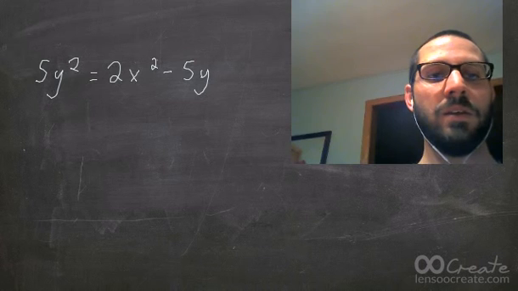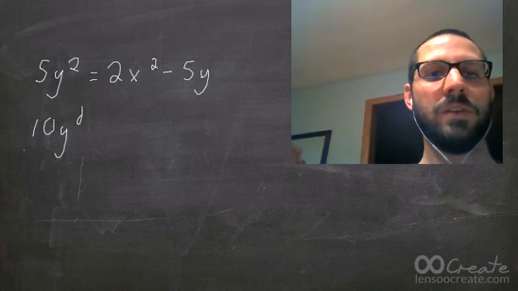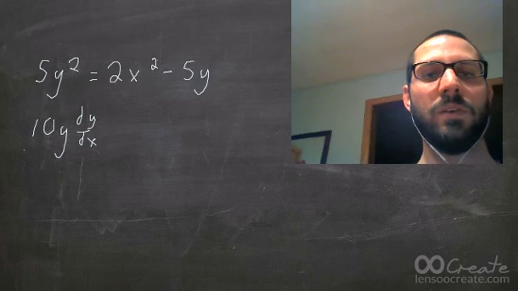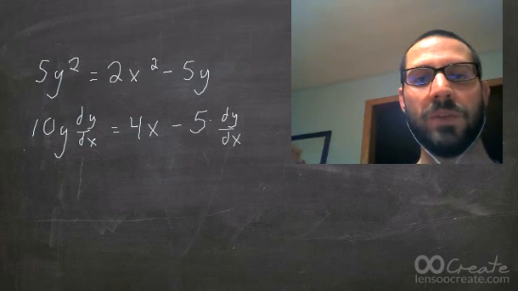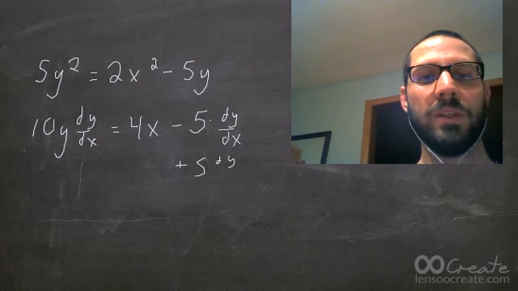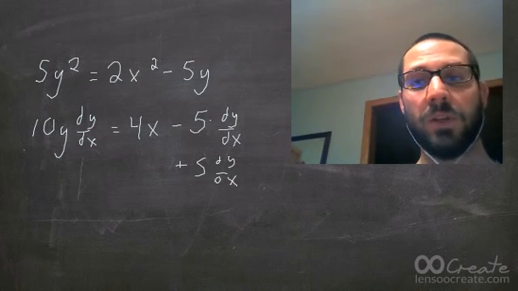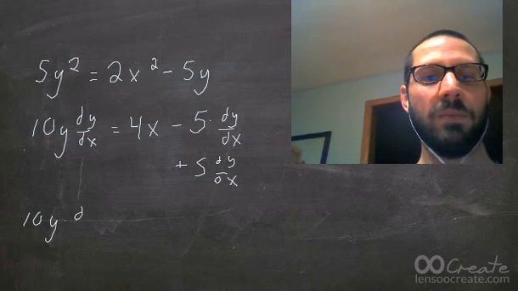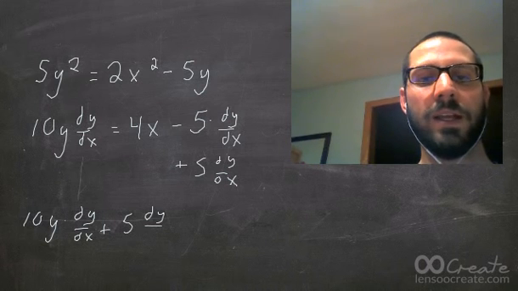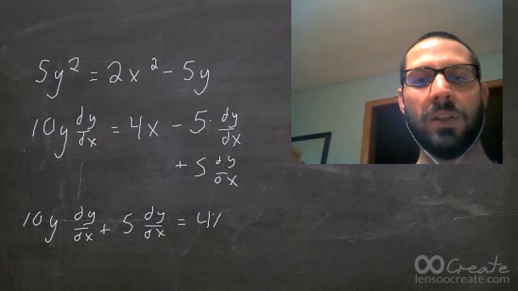The derivative of 5y squared is 10y dy/dx equals 4x minus 5 times dy/dx. Now we've got dy/dx's on both sides, so I'm going to go ahead and add the 5 dy/dx over to the other side. And I'm also going to factor it out. Okay, let's write it one time. 10y dy/dx plus 5 dy/dx equals 4x.